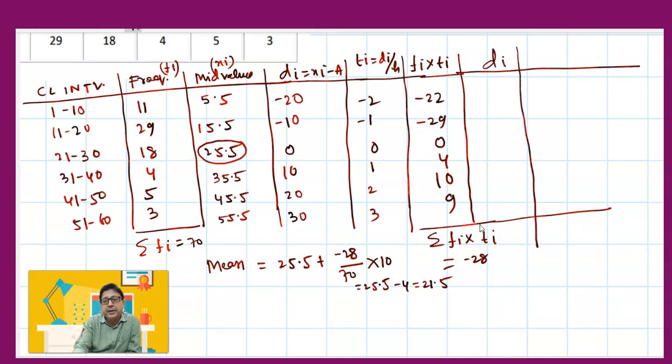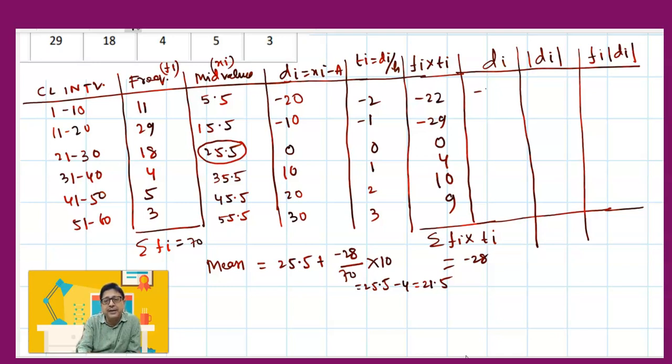We need first di, then mod di, then fi into mod di. So let us find di first. Those values are already found, so we can take the help.